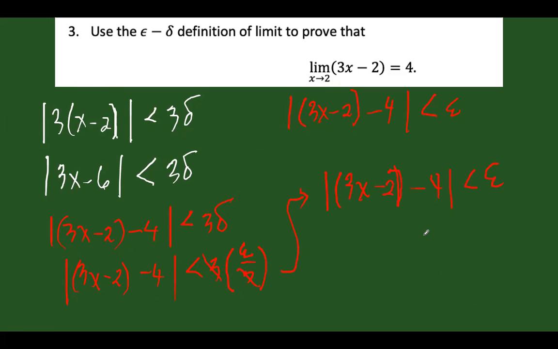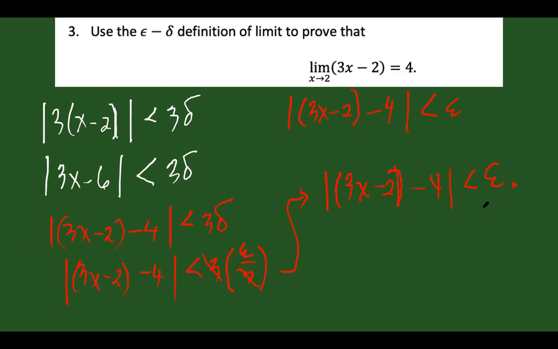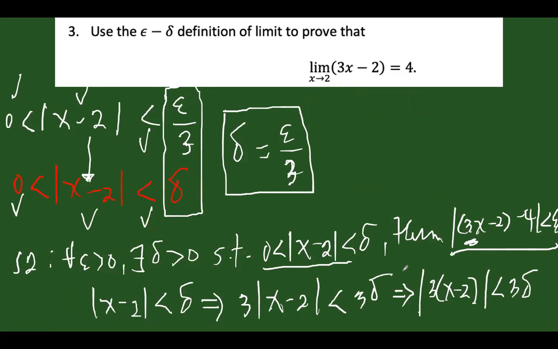So we have shown that we can express the inequality, the absolute value of x minus 2 is less than delta, as the expression, the absolute value of this is less than epsilon. Since we have already proven that we can express it in this manner, let us go back.